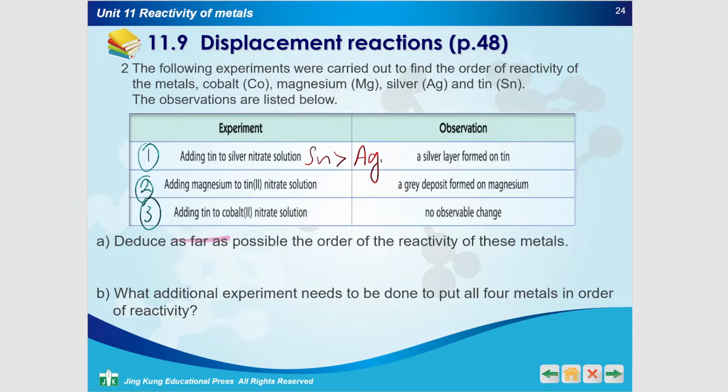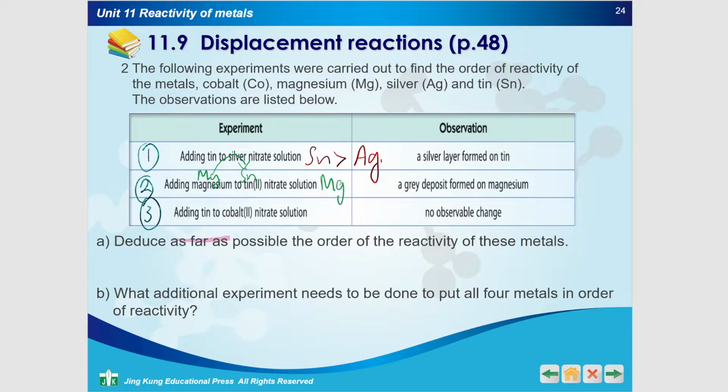Now let's look at the second one. Adding magnesium to the solution of tin nitrate, and this one also a gray deposit is formed. That means magnesium is more reactive than tin.